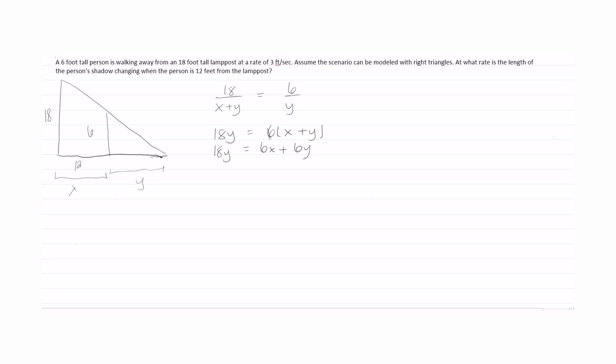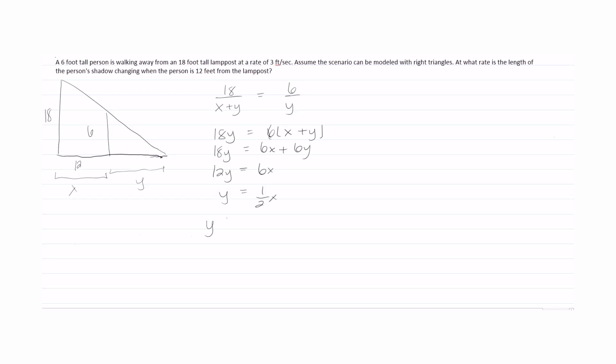And we can simplify, so we have 12y is equal to 6x. And since we want to isolate our y in order to take the derivative there, we're going to find that y is equal to 1/2 x. All right, so now that we have our relationship between the changing rates of x and y, we're going to go ahead and take the derivative of both sides like we've been doing.